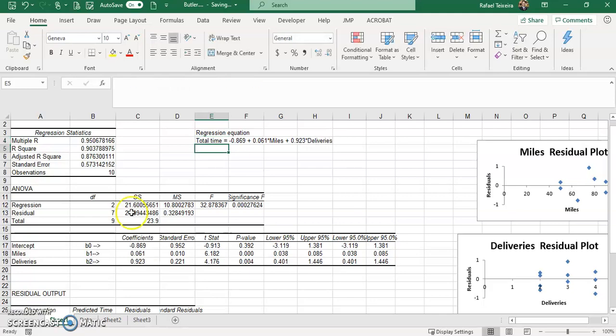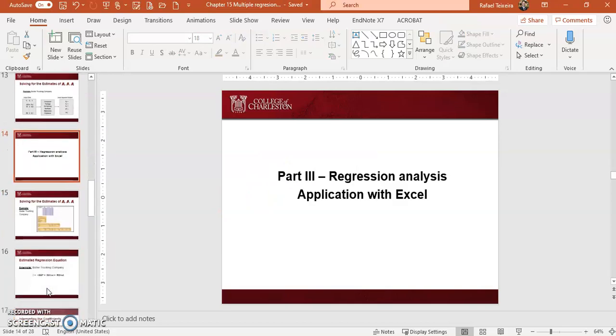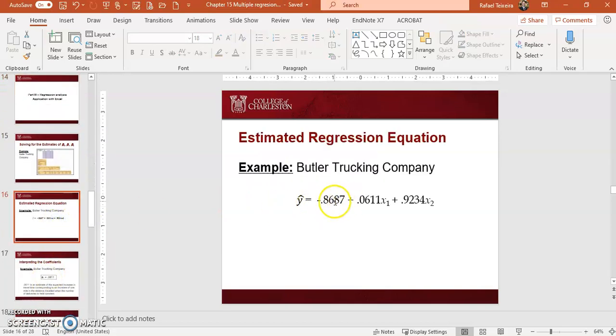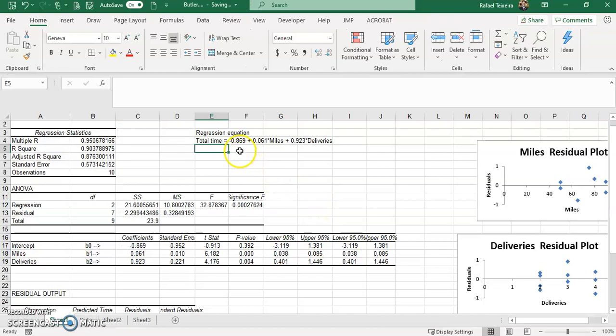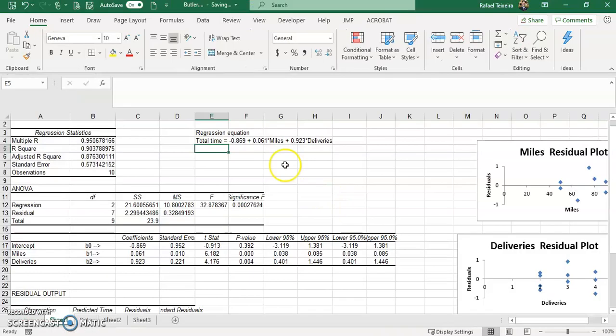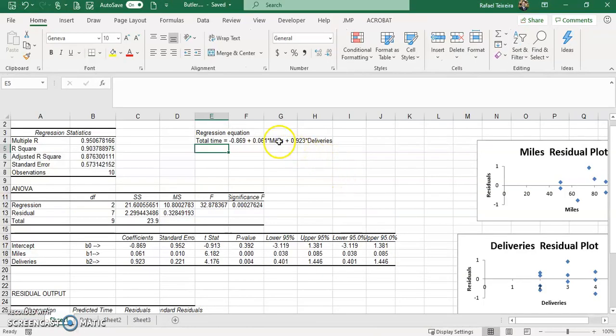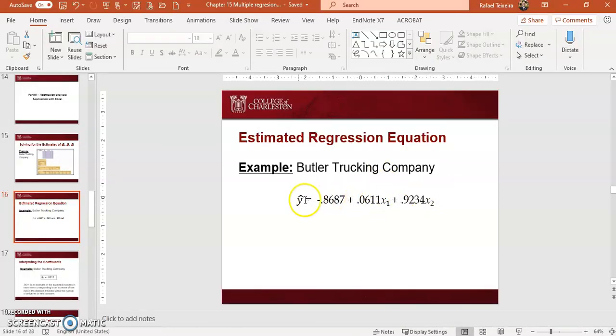So this is our regression equation with the coefficients. Here is the same thing, negative 0.869. In this case we have only one decimal place. They have one decimal place more. They have 4, we have 3. Plus 0.061 x1, miles. That's the same thing.